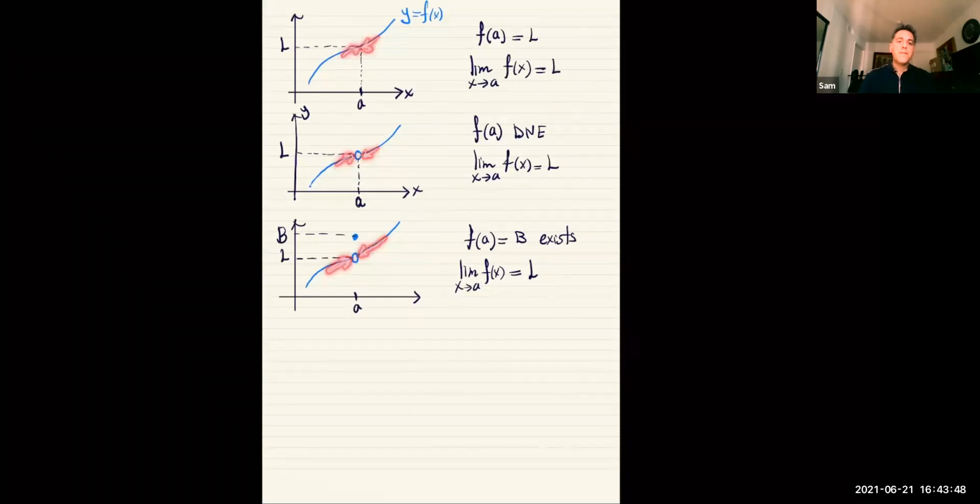All of them have the same y neighborhood. Again, we're going to be studying discontinuities in section 1.8, but this is called a removable discontinuity. This is also a removable discontinuity, and then this is continuous.